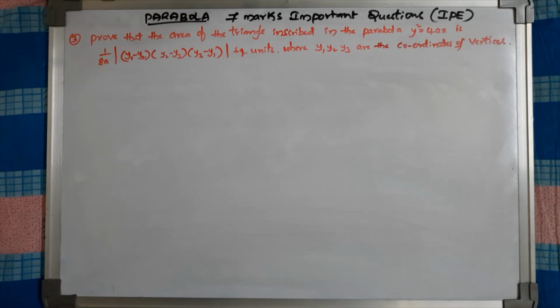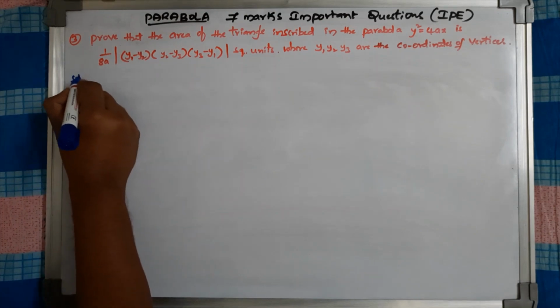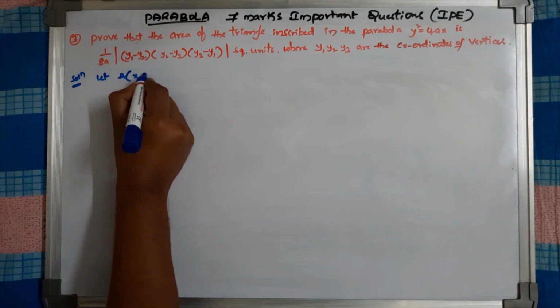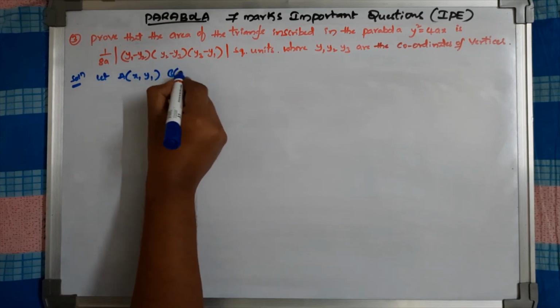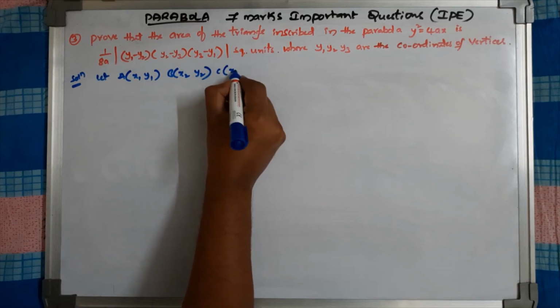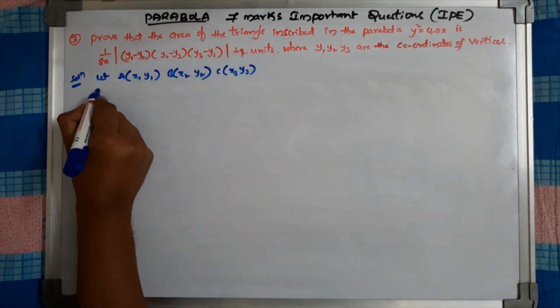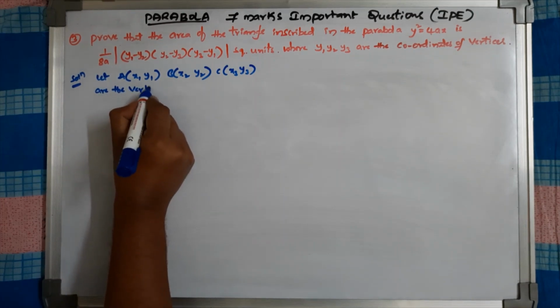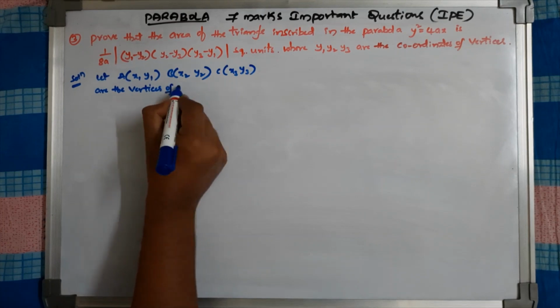Okay, first of all, a triangle has 3 vertices, right? A, B, C. So let us consider, first of all, let A x1 y1, B x2 y2, and C x3 y3 are the vertices of the triangle.